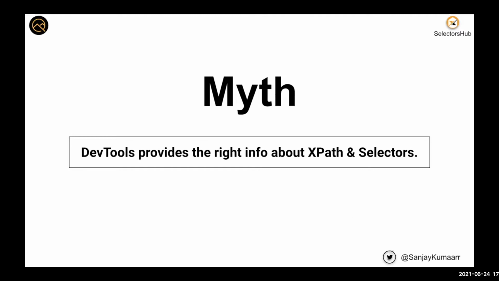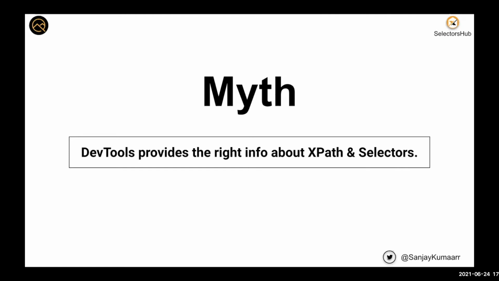People just blindly say, write your own XPath or CSS selector, and they write it and verify it in DevTools by default. But have you ever wondered whether DevTools provides the right info about XPath and CSS selector? We have it in our mind that it will provide the right information. We have considered DevTools as a standard, but that is a myth.